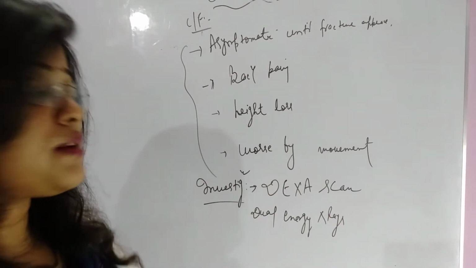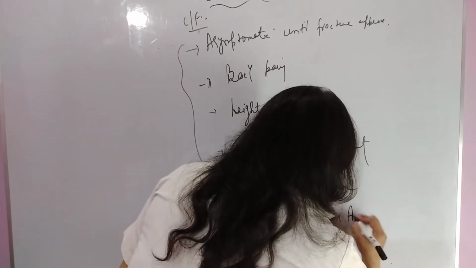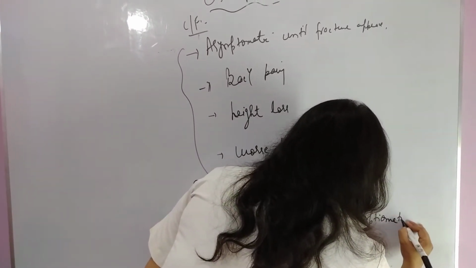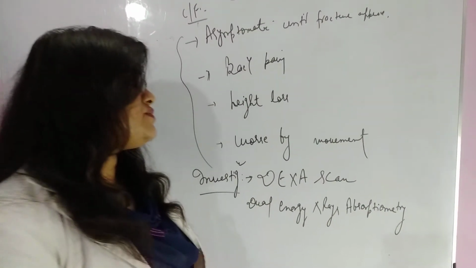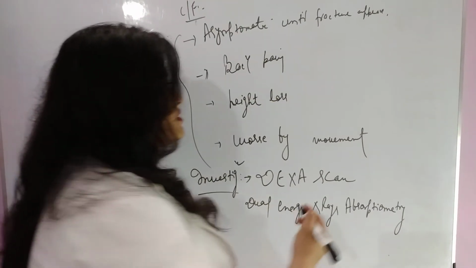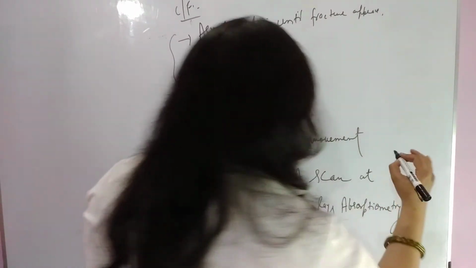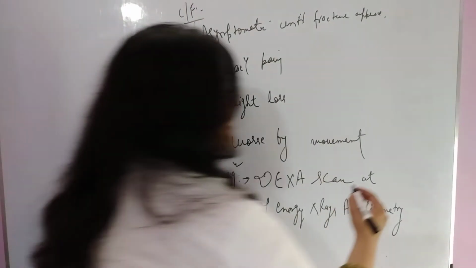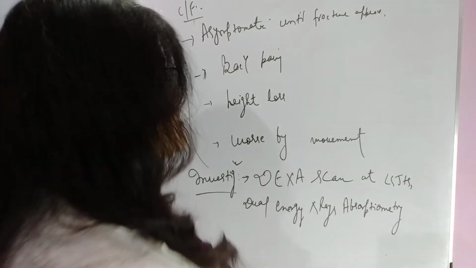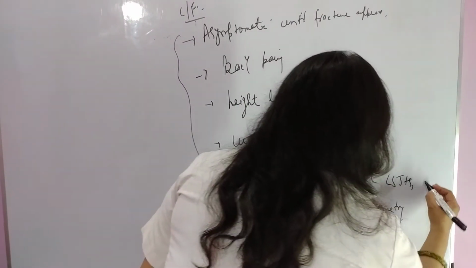A stands for absorptiometry. So DEXA scan is one of the important investigations of osteoporosis at LS joint and hip joints, lumbosacral joints and hip joints.